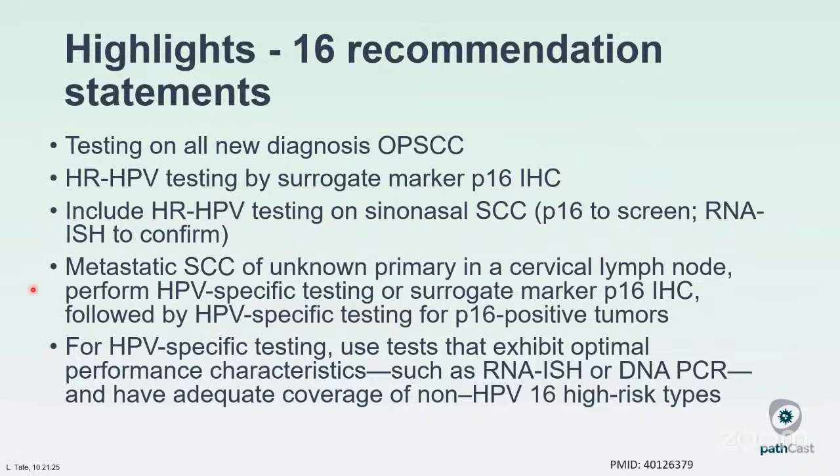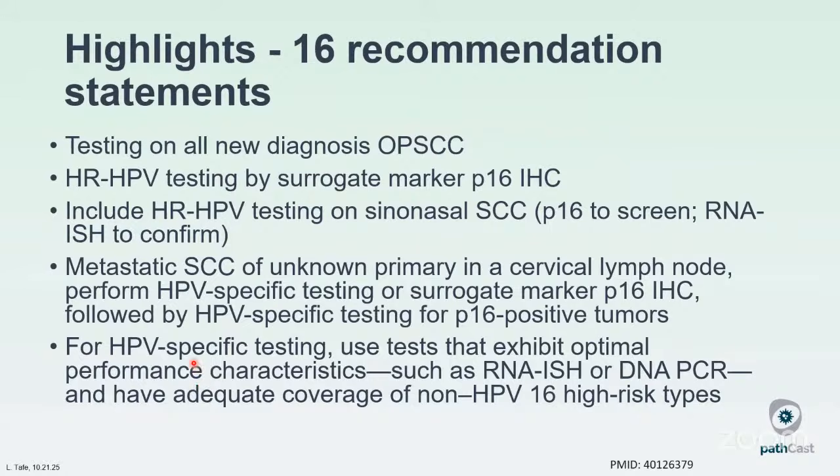Also, for metastatic squamous cell carcinoma of unknown primary in a cervical lymph node, it's important to perform HPV-specific testing or the surrogate marker P16 followed by HPV-specific testing. So P16 alone in an unknown primary with lymph node metastasis is not itself sufficient. They do recommend you add on HPV-specific testing, which could be PCR, which could be ISH.